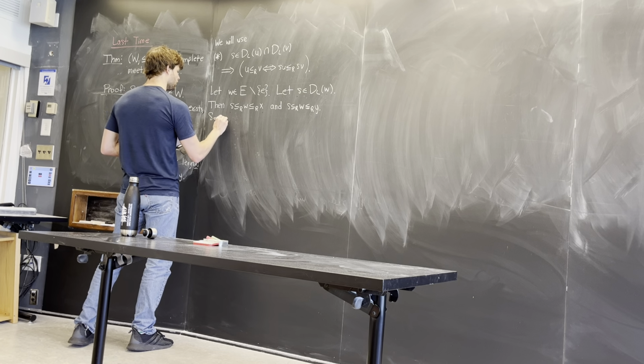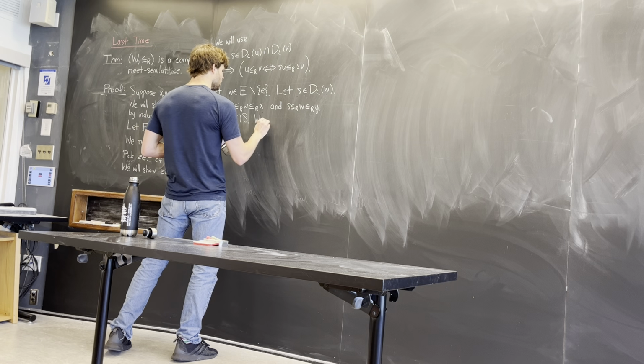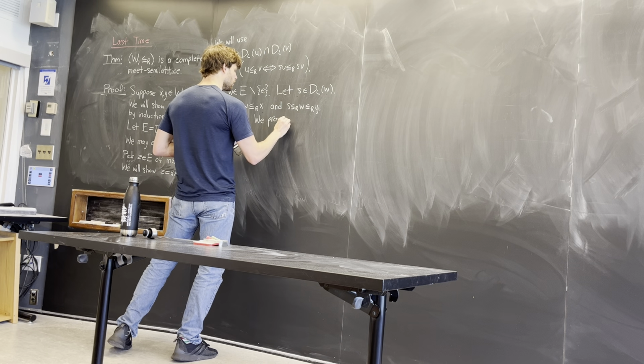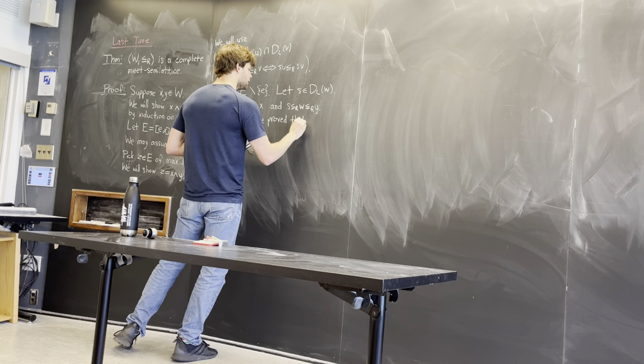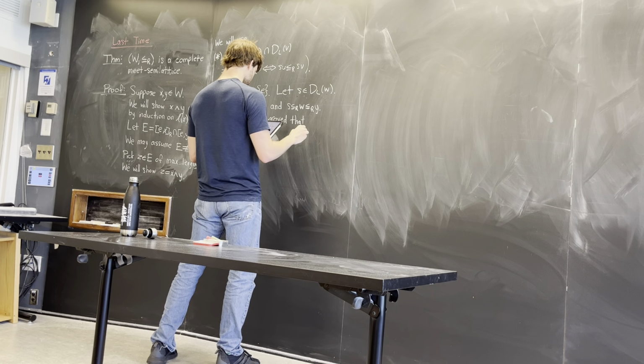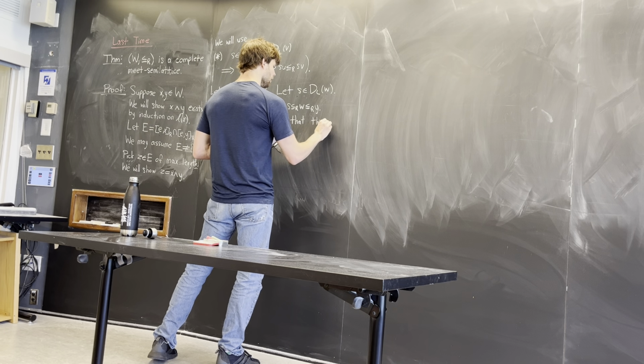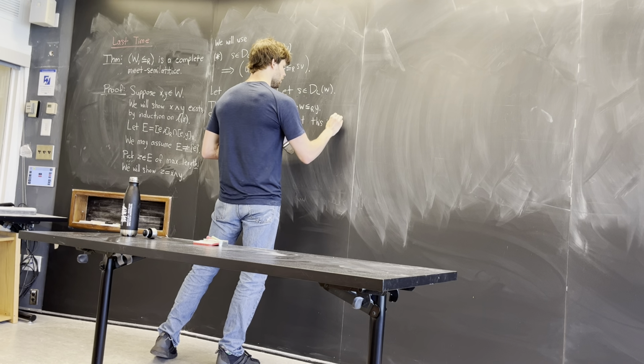And we proved last time, so I'm not going to go through this proof again, that this implies that s is less than or equal to z in the right weak order.